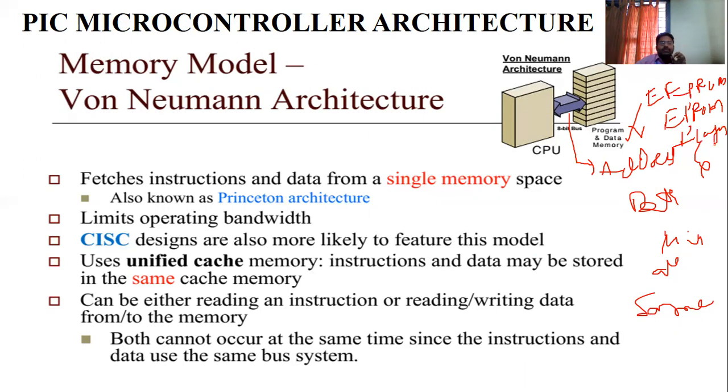If you want to change that, you have to use some special techniques to erase the data that is available in the program memory. ROM means read-only memory. But EEPROM, flash memory, electrically erasable.